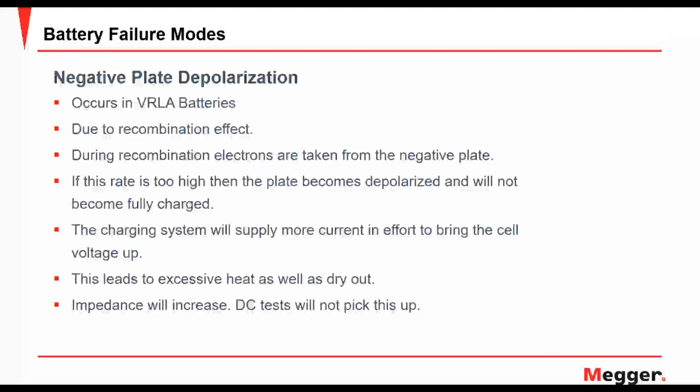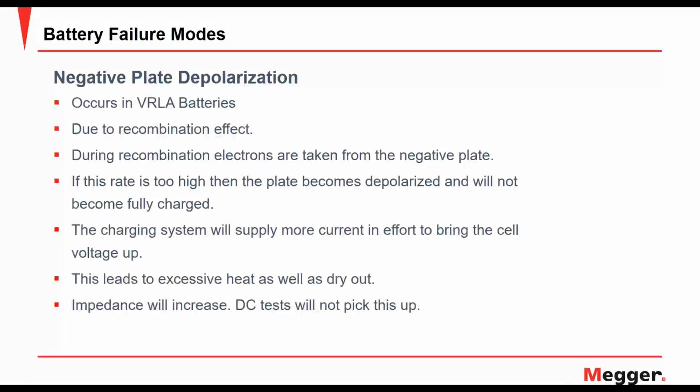Another failure mode here is the negative plate depolarization. It happens basically to the negative plate of the VRLA batteries. When they are not fully charged, this plate can depolarize, thus leading to a loss or excessive heat, which will also increase the dry out process in these VRLA batteries.